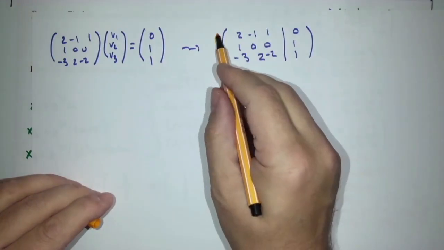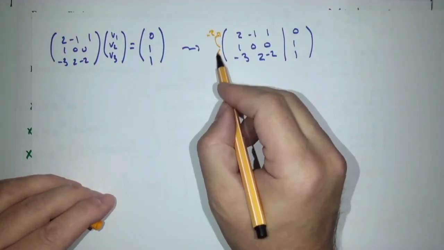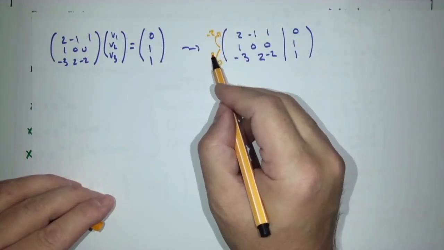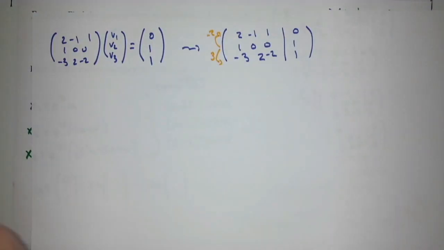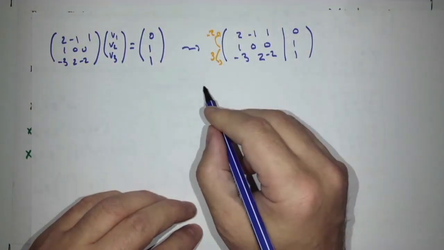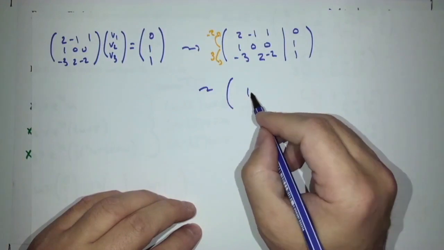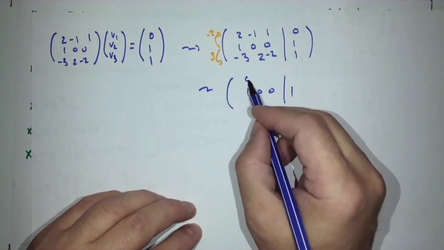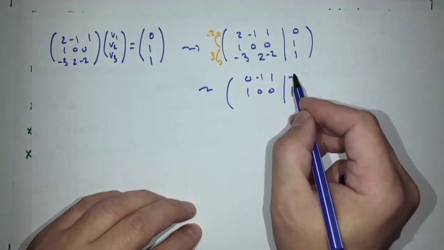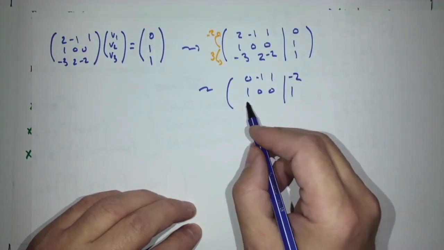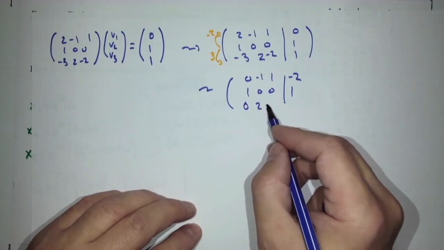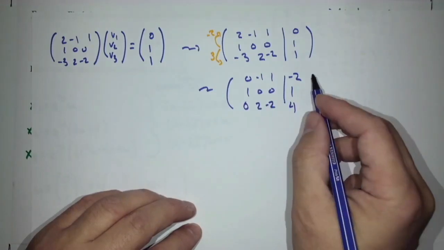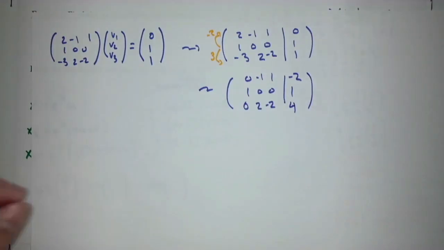So multiply the middle row by -2 and add to the top. Multiply the middle row by 3, add to the bottom. And we get 1, 0, 0, 1. And we'll get 0, minus 1, 1, minus 2. And 0, 2, minus 2, 4. Now what?